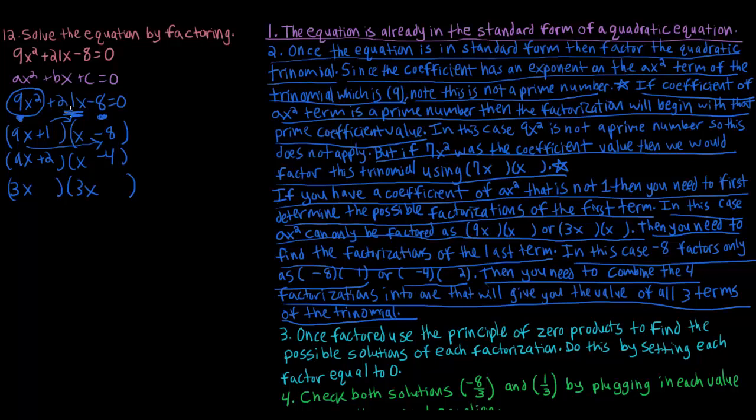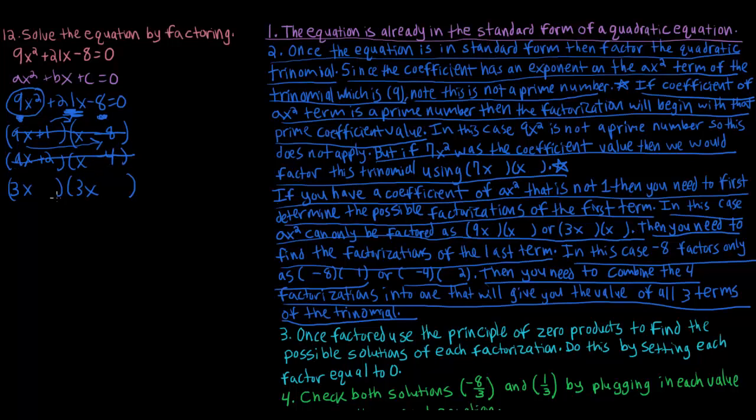That is not 21x, so that's not a solution. Next, we have -4 times 2, which is -8, but 9x times -4 is -36x, plus 2x is -34x, which is not 21x, our middle term. So these two don't work.